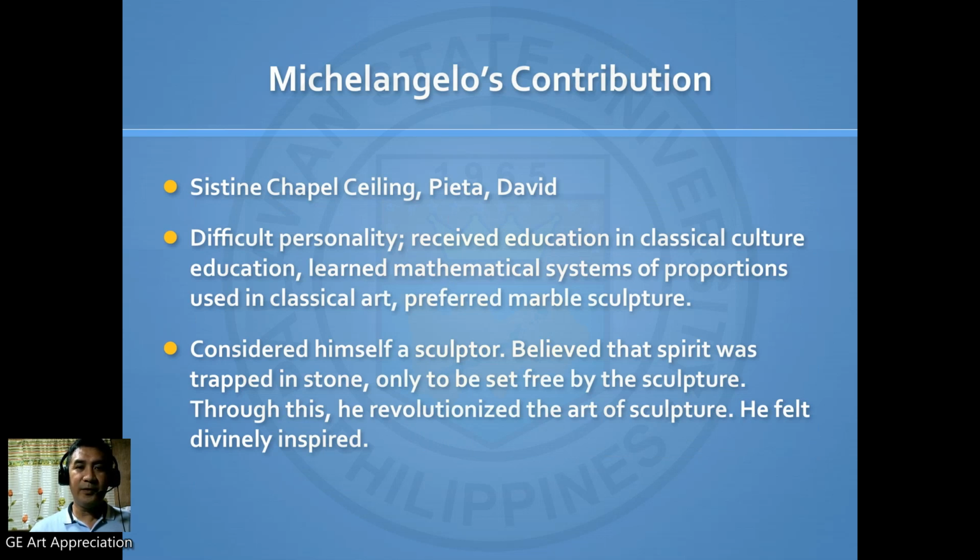Let's take a look at Michelangelo's contribution. Michelangelo is very famous for his contributions to the Sistine Chapel ceiling, the Pieta, the David. He considered himself a sculptor, and he believed that spirit was trapped in stone only to be set free by the sculptor.